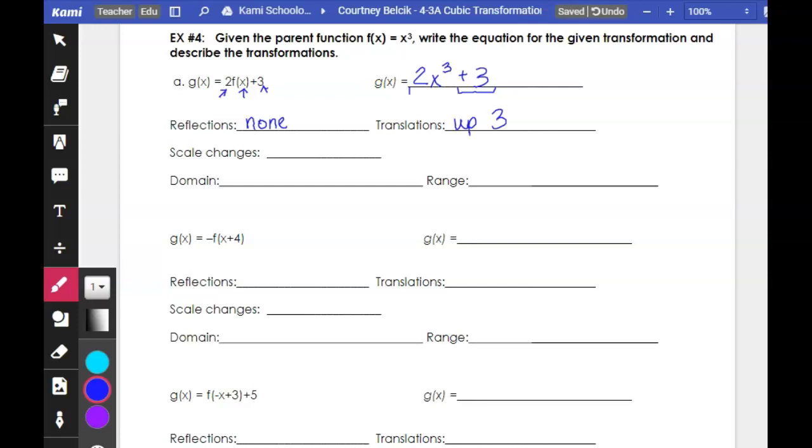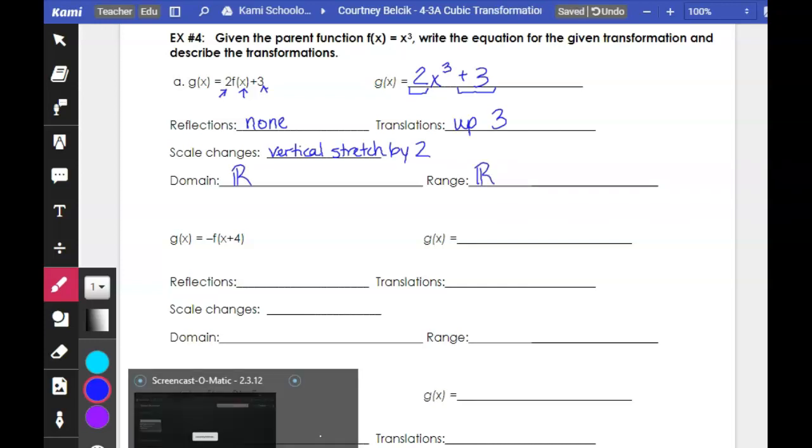Yes, I am. I've got a 2 outside parentheses, so that means it's vertical. And since it's bigger than 1, it's a stretch. And it's by 2. My domain, I didn't restrict, so it's still all real numbers. My range, I didn't restrict, so it's still all real numbers.